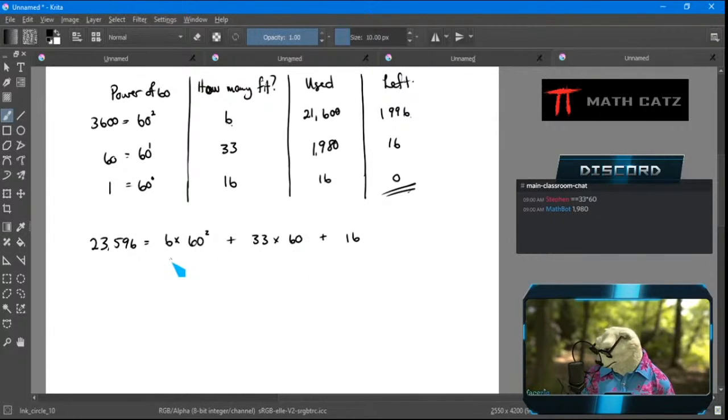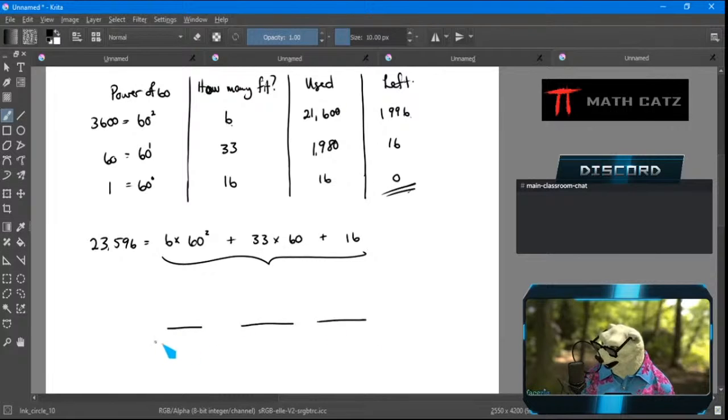But I needed to do that because that's what the Babylonian number is going to need. It's going to count in number of 60 squared, number of 60s, number of ones. And in the 60 squared column, there needs to be the corresponding representation for 6. In the 60 column, 33. And in the ones column, 16.